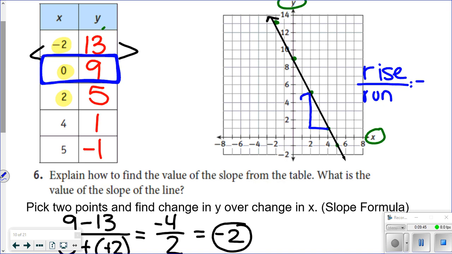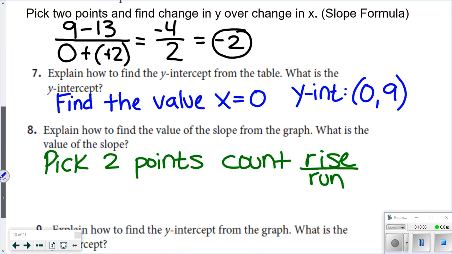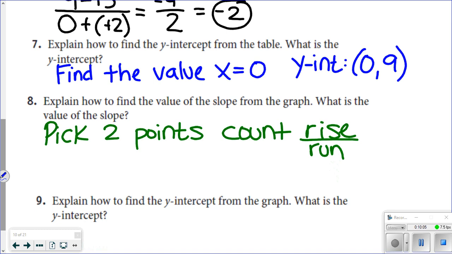And I'm going down 1, 2, 3, 4 boxes, or 4 spaces. And I'm running 1, 2. Those are both even, so that reduces to negative 2. So that would be my answer for question 8.